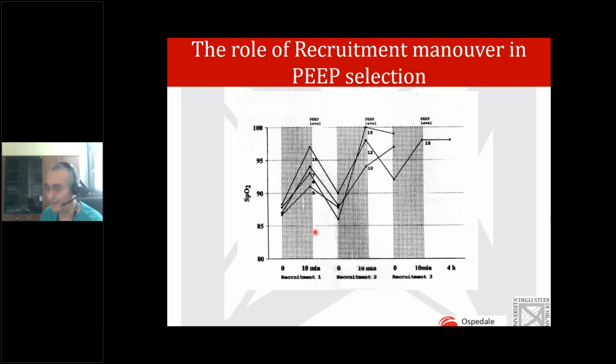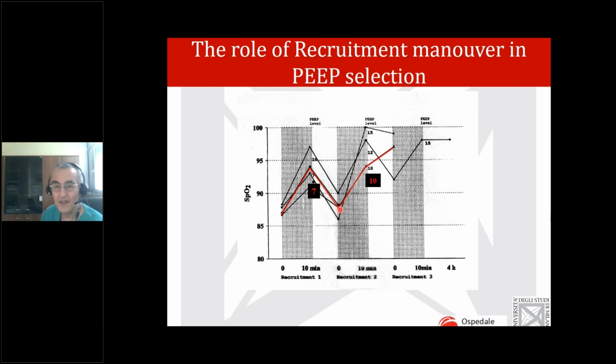Let us concentrate on this patient, the red, Mr. Red. With a PEEP of 7, I do a recruitment maneuver, saturation improves a lot. I go back to 7. This is what I do in my clinical practice. And following that, the saturation goes back to the previous value.